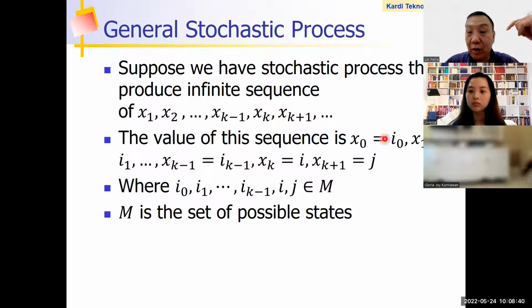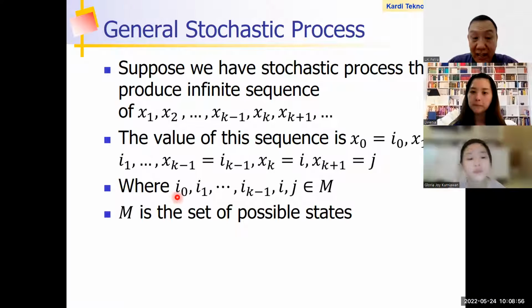Now the value of the node can vary. Yeah? For example, x0 is i0, x1 is i1, and so on. Okay, and then xk is i, and then xk plus 1 is j. This is the example. Yeah? So what is this i0 until i and j? Okay, these are all possible states.